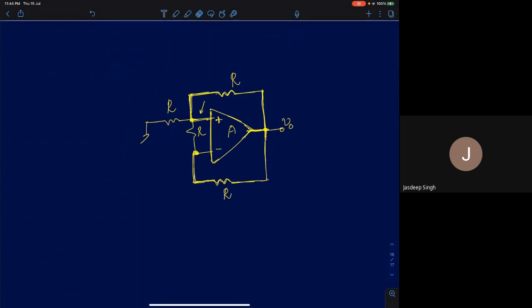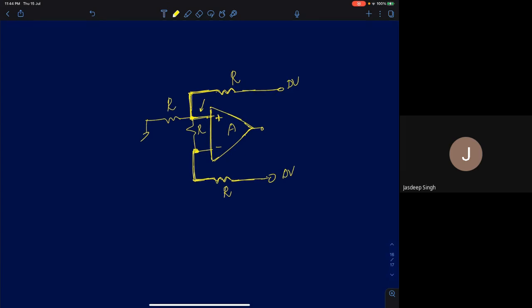Now again the same procedure: I'm going to break this loop here and apply delta V at both points, and we'll see what the output is. Now there is a resistor in between, so it's going to have an impact on both these delta V's.